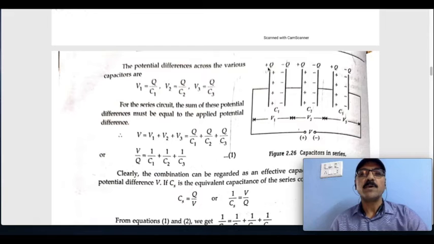The first plate is connected to the positive terminal of the potential V, the second plate of the first capacitor is connected to the first plate of the second capacitor, the second plate of the second capacitor is connected to the first plate of the third capacitor, and the second plate of the third capacitor is connected to the negative terminal of the battery.